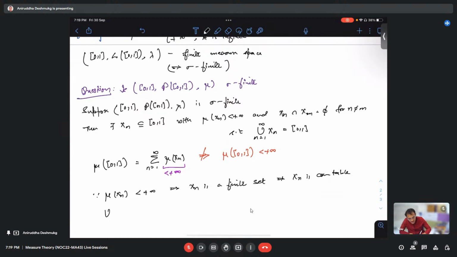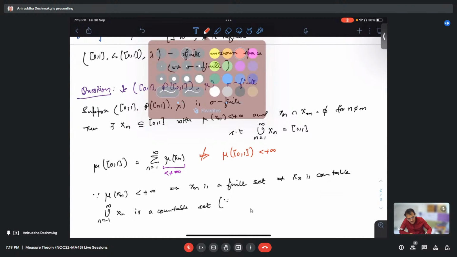But that would mean the union of n from 1 to infinity of the x_n's is a countable set, since countable unions of countable sets are countable.